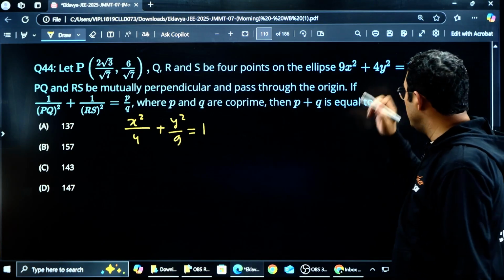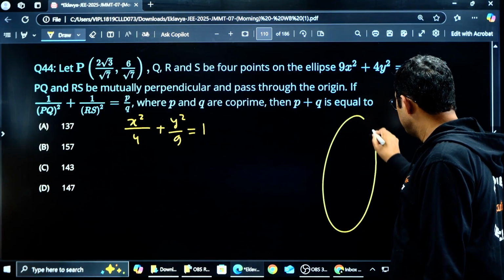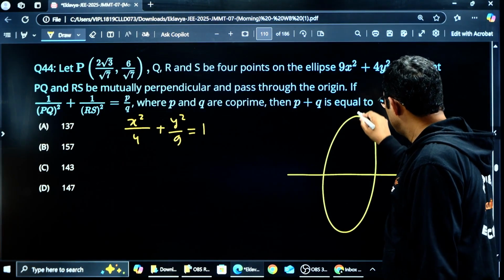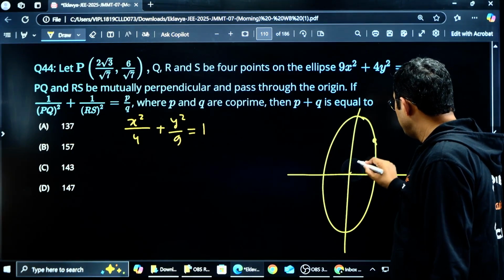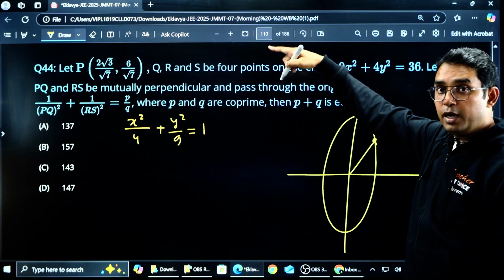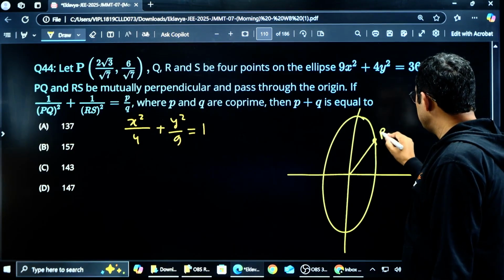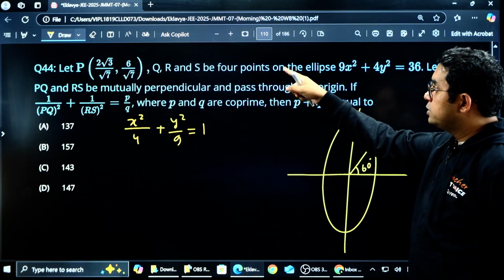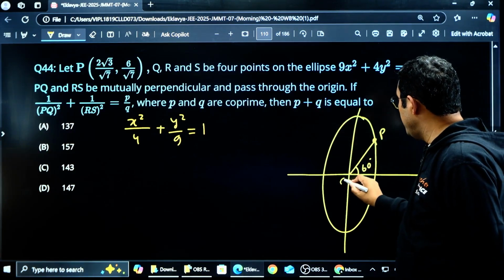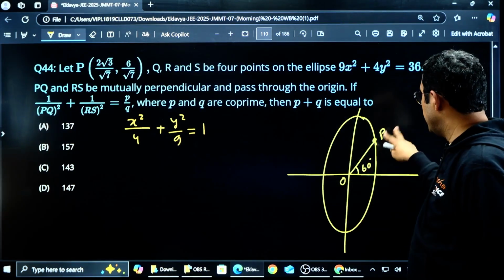It will be actually a vertical looking ellipse like this. Okay. Now, this P point will be somewhere in the first quadrant. In fact, if you look at those coordinates, you can see this angle is actually 60 degrees, because the slope of OP, you can check, is coming out to root 3. So this angle is 60.